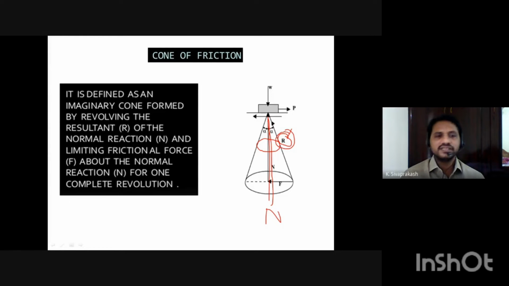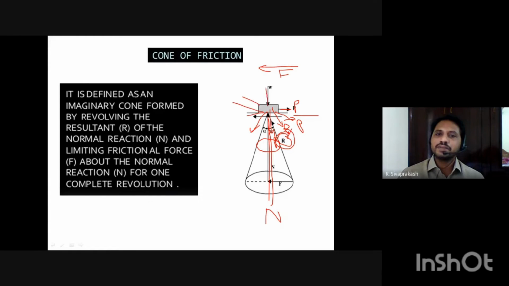Why do we consider the imaginary cone, or when do we have to consider the cone of friction? When the body is moving in the rightward direction, the frictional force direction is towards the left. In the second case, I rotate this body and apply the force P in this direction, then another direction, like that through 360 degrees.